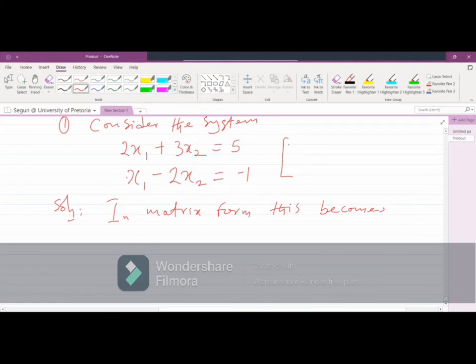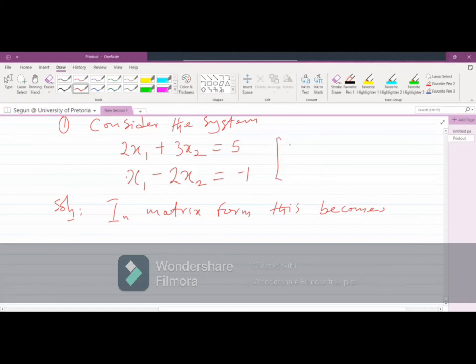Let me explain. You can only know the dimension of this matrix by the variables that are inside. The variables we have here are x1, x2.